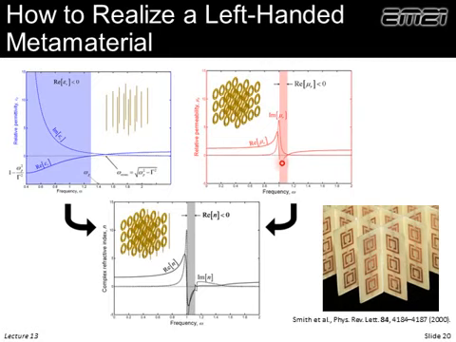So in this frequency band, we will have simultaneously a negative permeability, and if we combine it with a wire grid array, we will have also negative permittivity. So in fact, combining the split ring resonator with the wire grid array gives us the same range with a negative refractive index. And here's a picture of the device made at Duke University, and that was the world's first left-handed metamaterial.